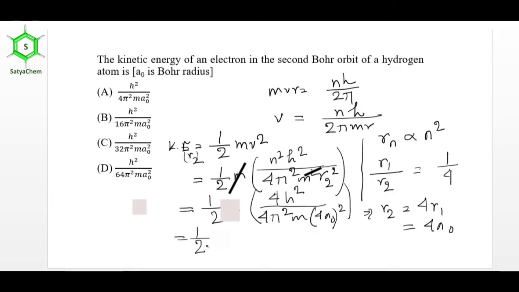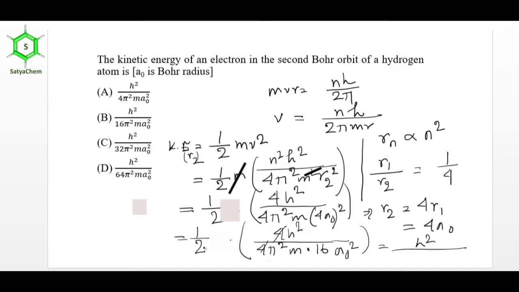So half m, 4h square by 4 pi square m square times 16 a0 square. Now 4 cancelled out. Now it becomes h square by 2 times 16, so 32 pi square m a0 square. So the correct option is C. Clear?